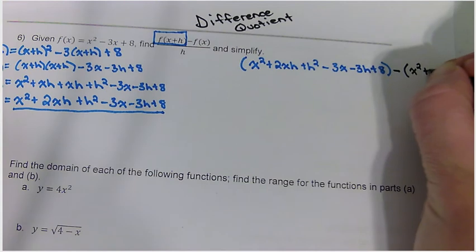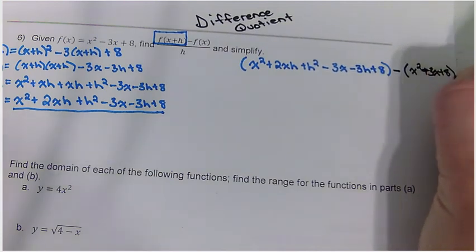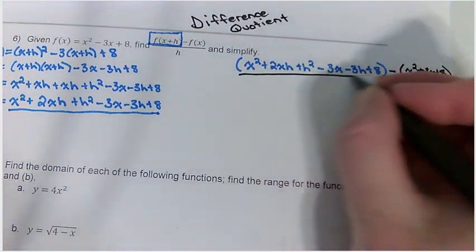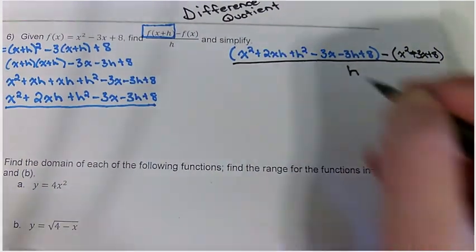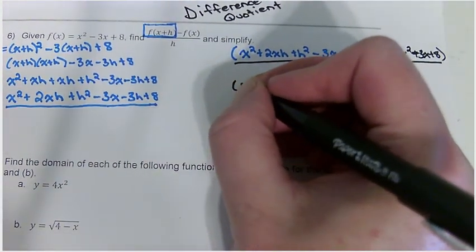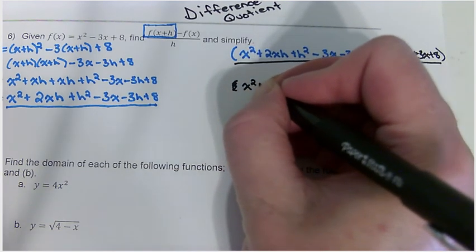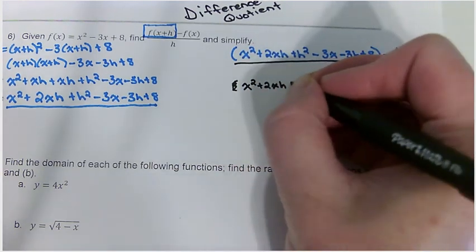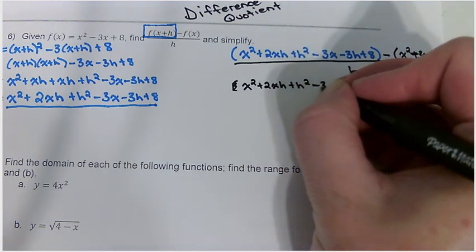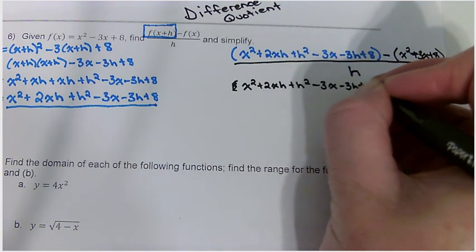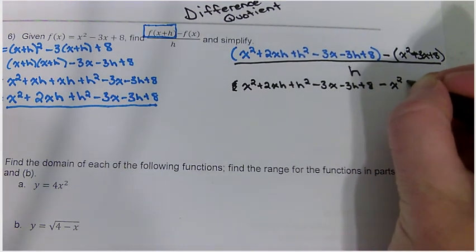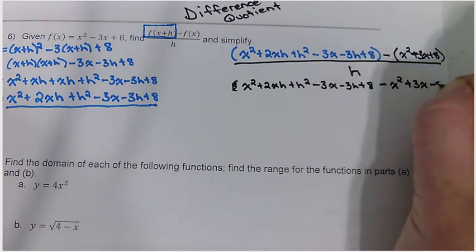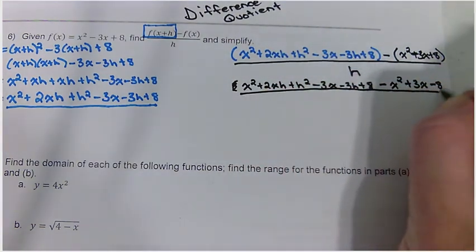X squared minus 3x, it's a minus, plus 8, it's a minus. All divided by h. Well, I need to distribute that negative over there. I don't need anything in front of the parentheses here. When I distribute the negative, that's going to become negative x squared plus 3x minus 8, all over h.